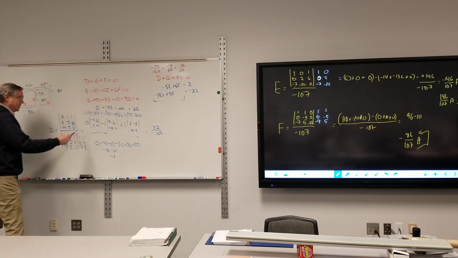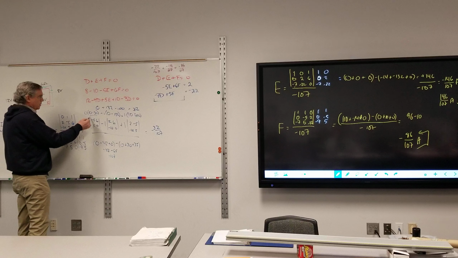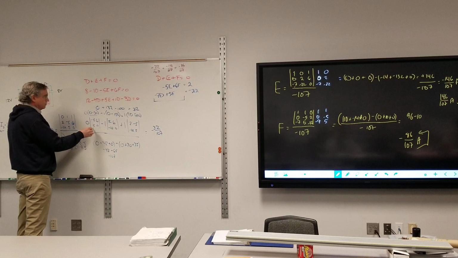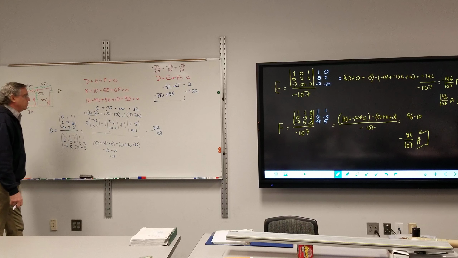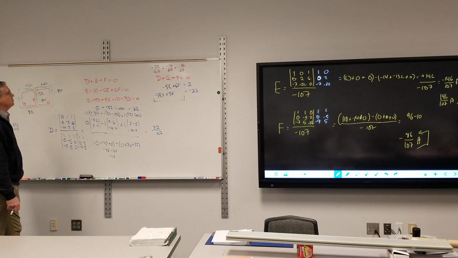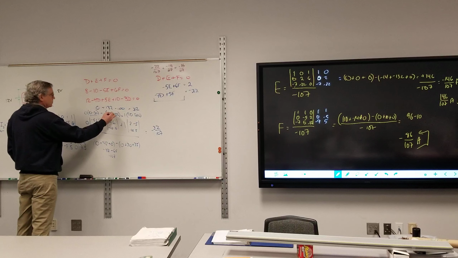All right, that looks like it's written correctly. That's 0 minus 30. That's 0 minus 132. Ah, no. Yes, there's the mistake. It's 0 minus negative 132.